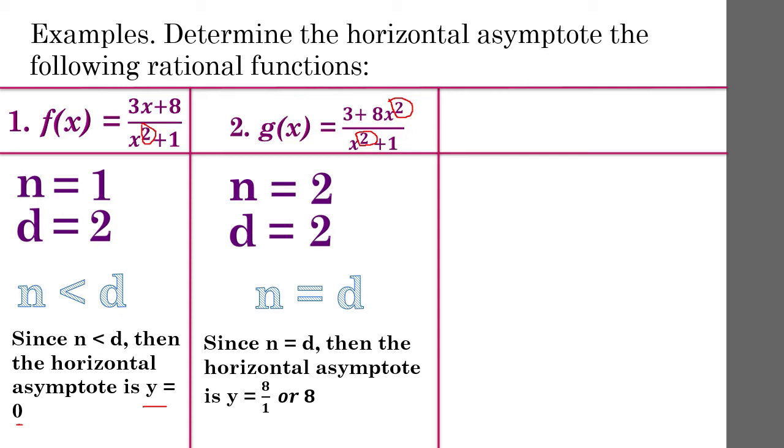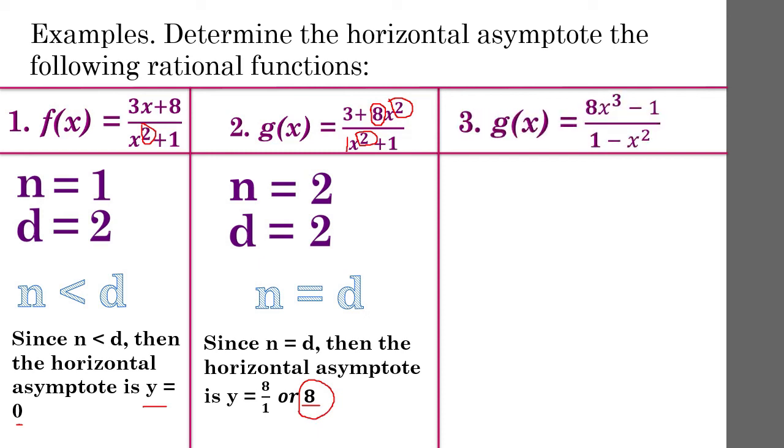So 8 is the leading coefficient of the numerator, while 1 here is the leading coefficient in the denominator. So y is equal to 8 over 1. So 8 divided by 1 is equal to 8. Therefore, the horizontal asymptote of the given function is at y equals 8. Okay. Next.